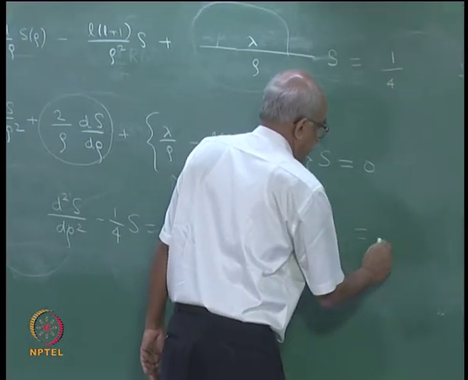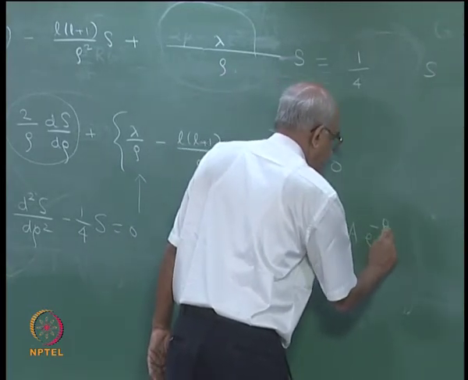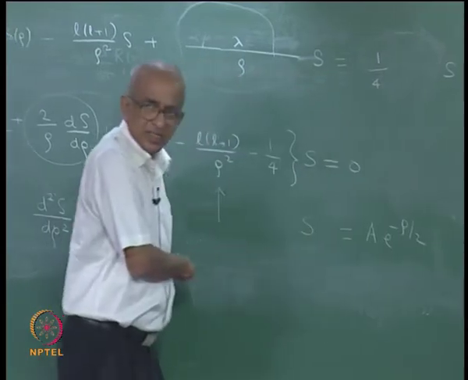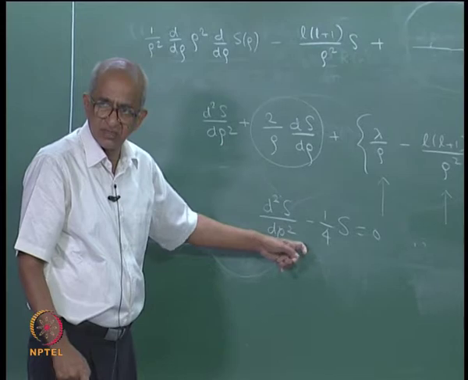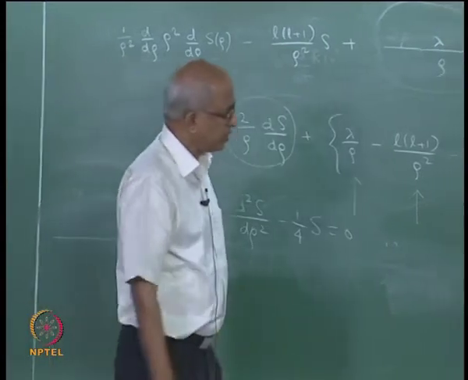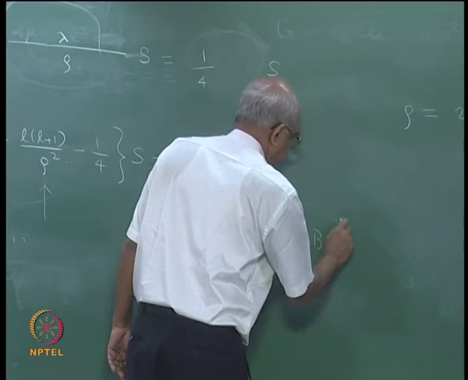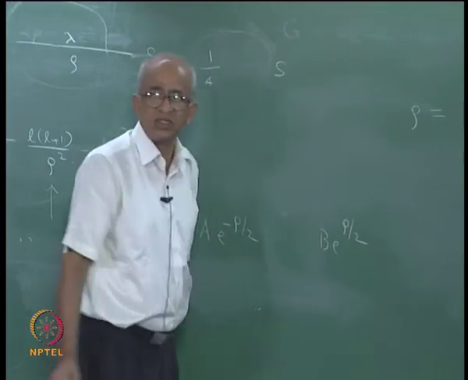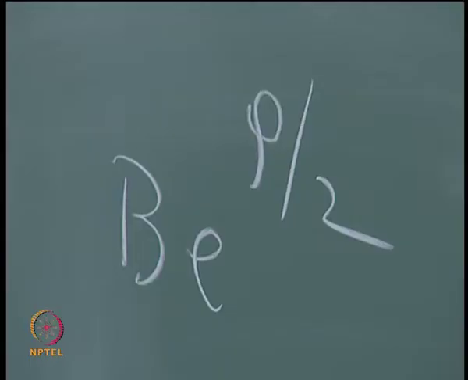The solution will be any constant a into perhaps e to the power of minus rho by 2, as you can easily see, because if you take the second derivative of that function, you will see that it satisfies this equation. Not only that, also any constant b into e to the power of plus rho by 2 will satisfy the equation. And then immediately what will you say?